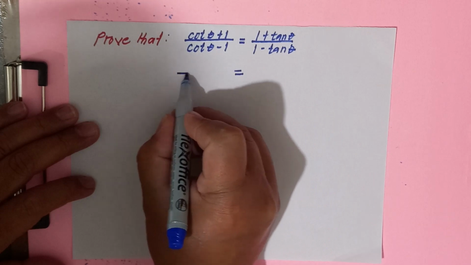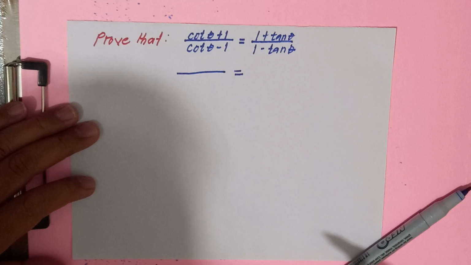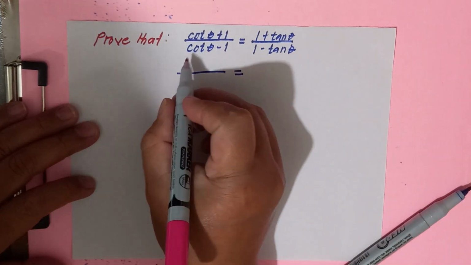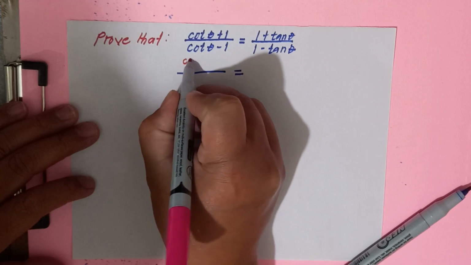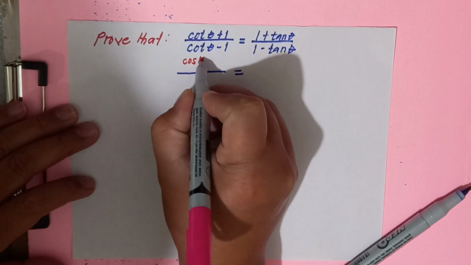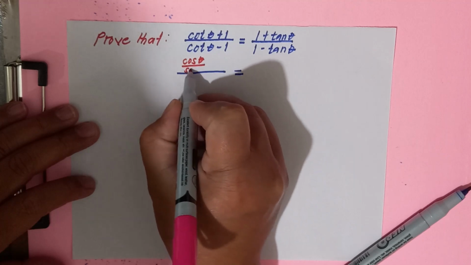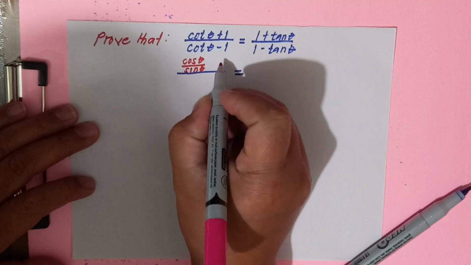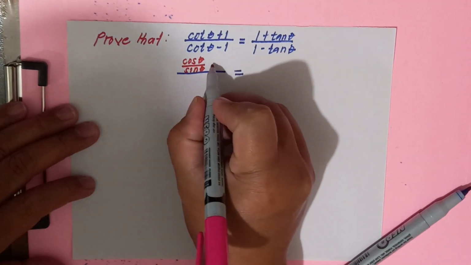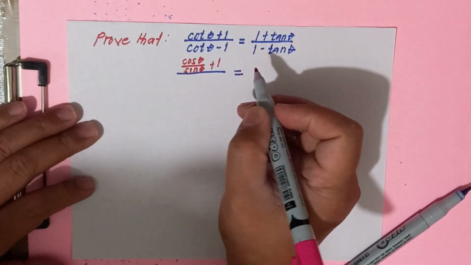Okay, so let's start. Notice that when we are going to have the double-sided proof of this one, cotangent theta is the same as cosine theta over sine theta, plus 1. That is our numerator.